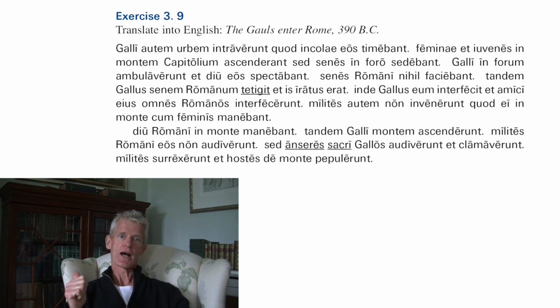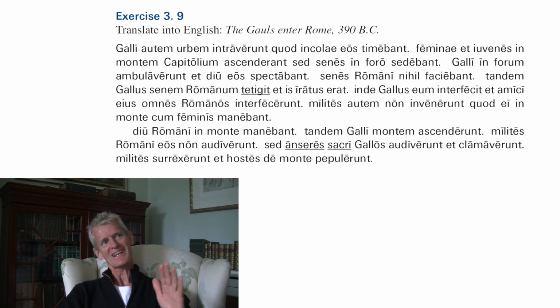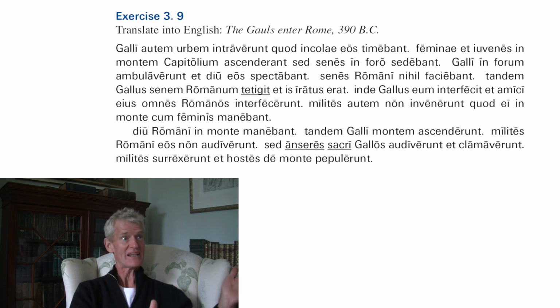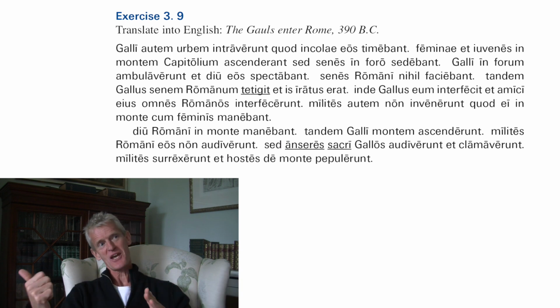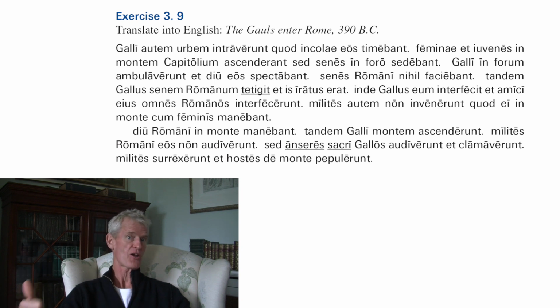So, milites surrexerunt, the soldiers rose up, et hostes de monte pepulerunt, and now you've got to be careful here because hostes looks like a nominative plural, a bit like milites was. But if you go to the verb, you see pepulerunt. Now that's from pello, to drive. Pello, pellere, pepuli, pulsum. So they drove, hostes, the enemy, that's in the accusative case, and they drove the enemy, de monte, down from the mountain.